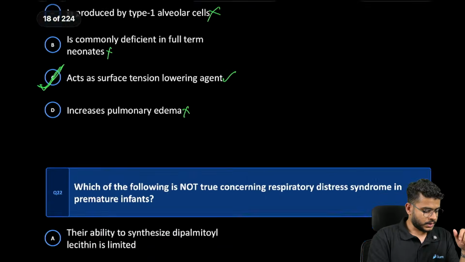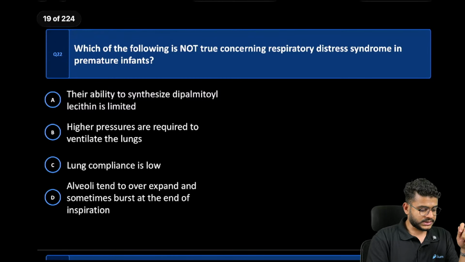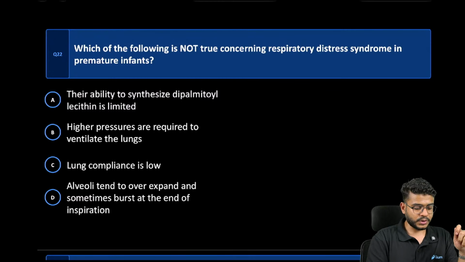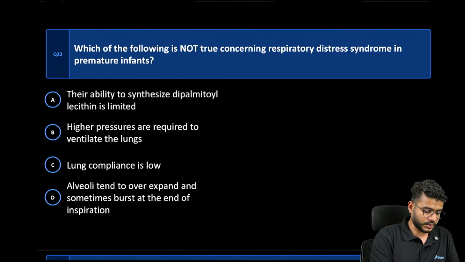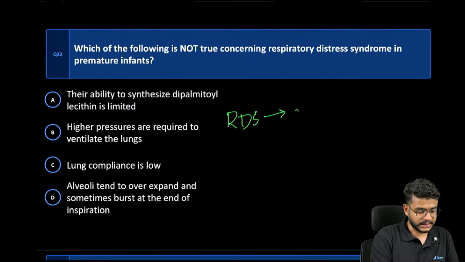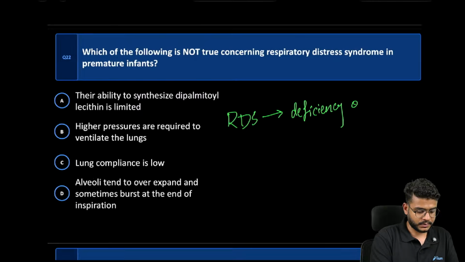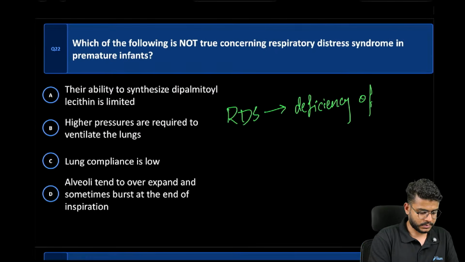Okay, next question. Which of the following is not true concerning respiratory distress syndrome in premature infants? So respiratory distress syndrome is nothing but deficiency of pulmonary surfactant.